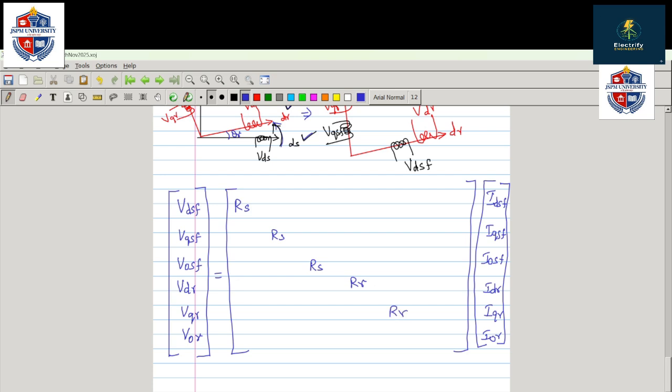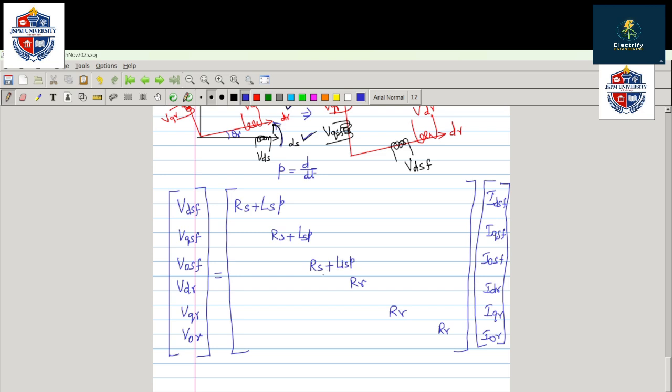The stator winding also has its own inductance, so the inductance drop we write as LS into d by dt of IDSF. I will write it shortly as P. Already you know that P is equal to d by dt. Similarly RS plus LS into P, then again RS plus LS into P.